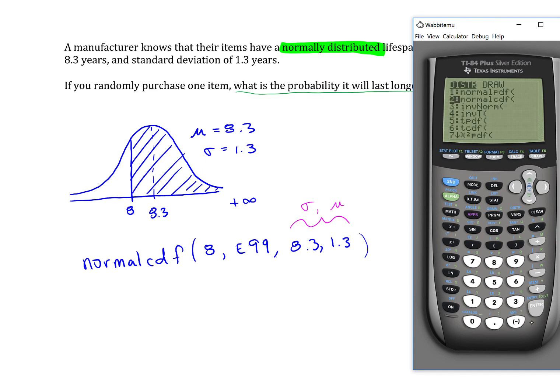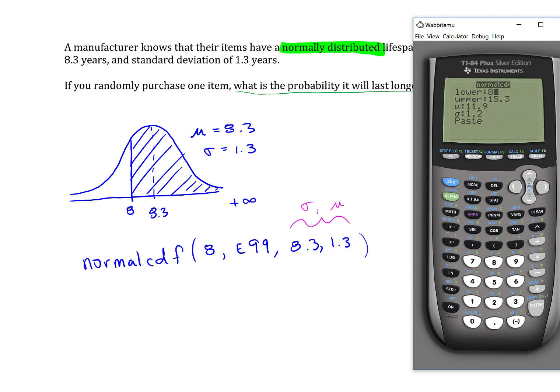Second, distribution, then grab the normal CDF function. Now, for me, normal CDF just comes up on screen. For some of you, you may see normal CDF bringing up a menu. And that's okay too. Essentially, it's asking for the same 4 items. So a lower bound of your region's area, an upper bound of the shaded area, the mean, and the standard deviation.